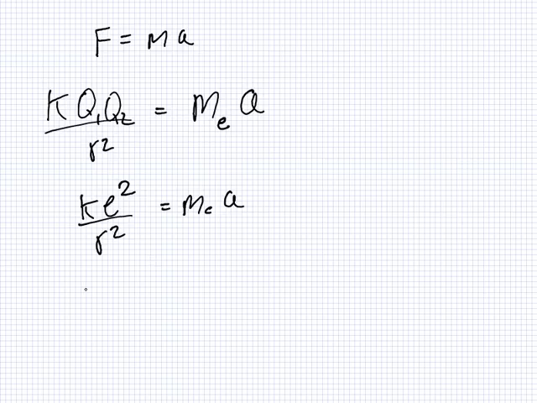If I divide, I get a equals the constant K e squared over m_e R squared.